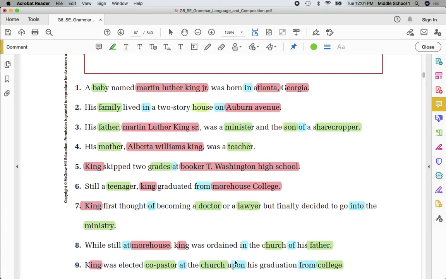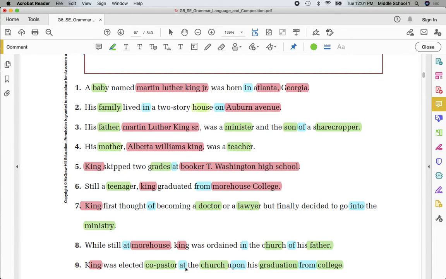If I just said at the church upon his graduation from college, I might only take church, or I might only take college. But I have 3. At the what? Church. Upon his what? Graduation. That's a thing. That's a common noun.